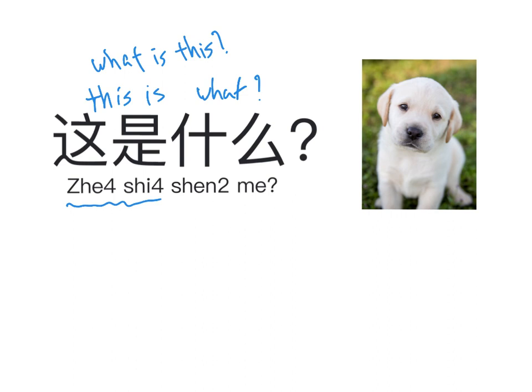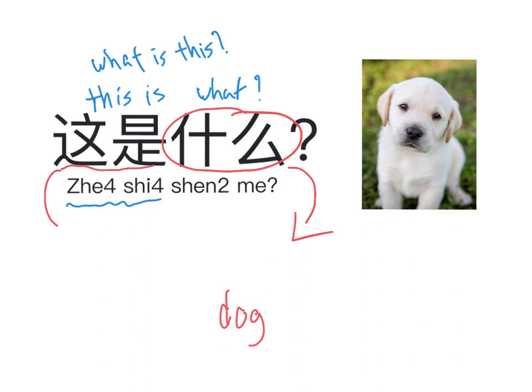Of course, obviously, there's a picture of a dog. So the answer would be, well, it's a dog. But how would you answer it in Chinese? So again, the question word 什么 would be replaced by the answer. Okay, so it's a dog. Later we will know how to write dog in Chinese. And then 这是, all you have to do is copy it.